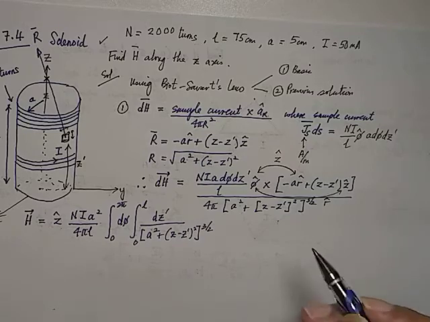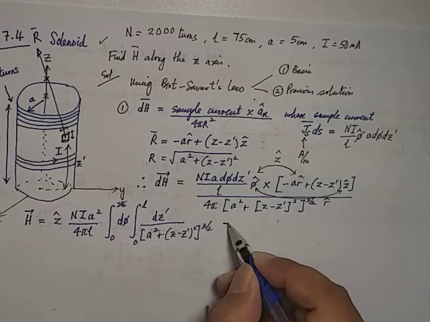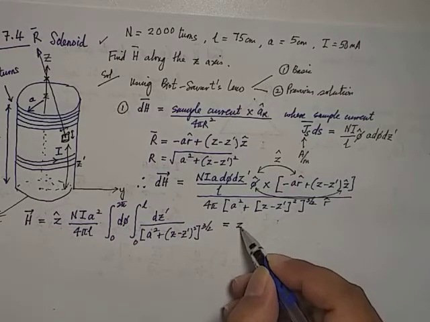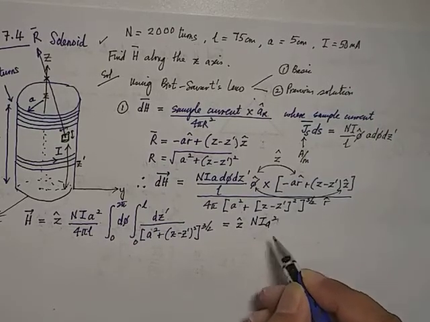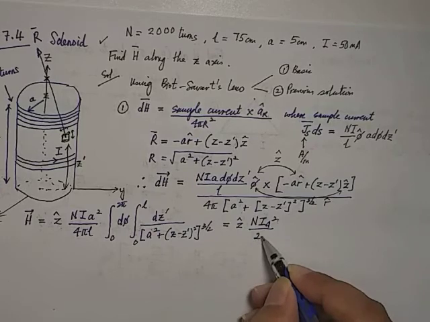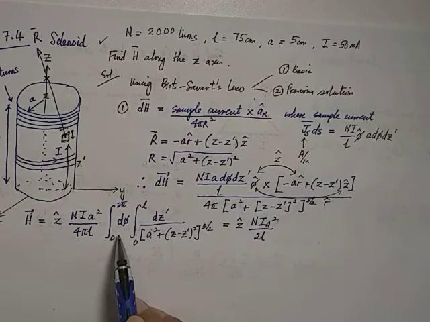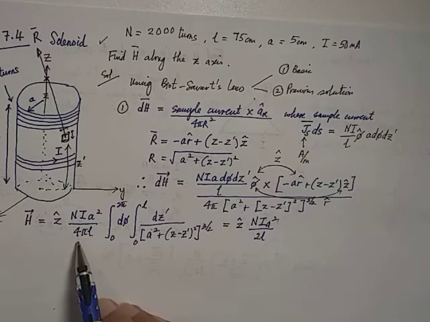Okay, so I'm going to solve the mathematics now. I'm going to say Z direction, N I A squared over 2L, correct? Because if I integrate this term, I'm going to have 2 pi, and 2 pi over 4 pi will give me 1 over 2.